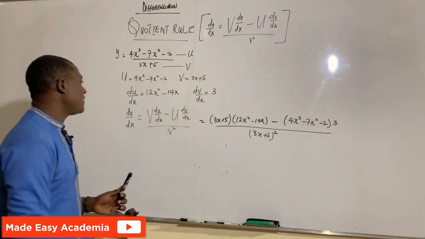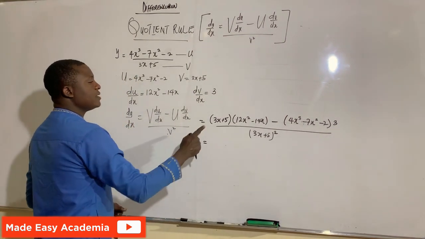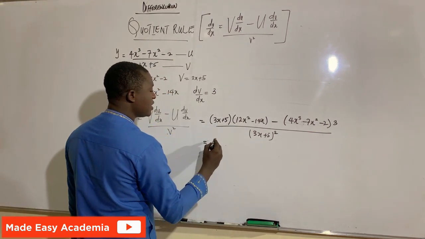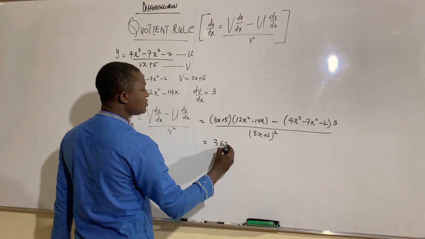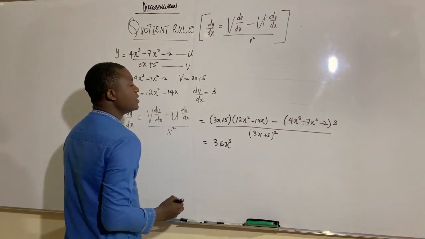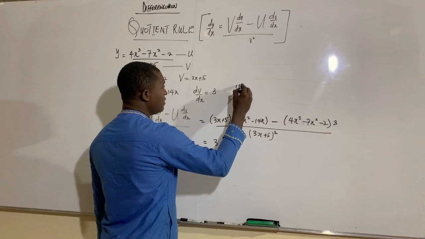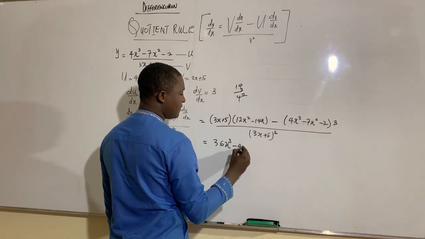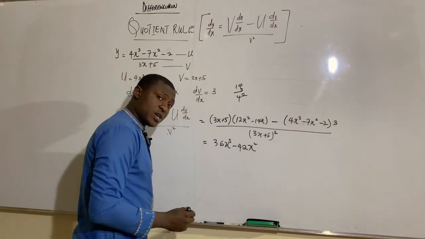So if I open the bracket of this one, 3x times 12 is 36, and x times x squared is x cubed. Now 3 times 14 is minus 42, then x times x gives x squared.